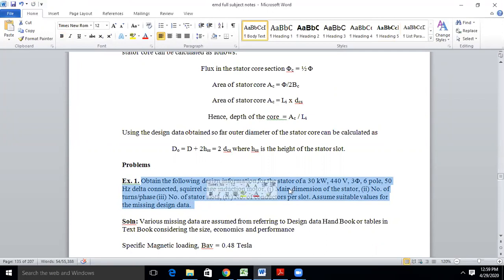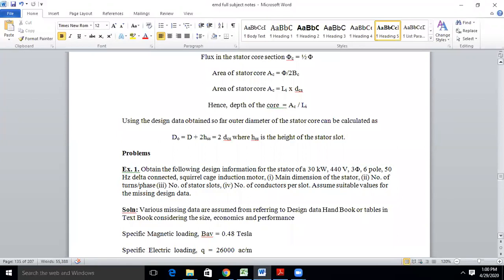The main dimensions of the stator, then number of turns per phase, number of stator slots, number of conductors per slot, and assume suitable values for the missing data. In this case, we need to obtain all this design information, and this is the data given, the specification of that particular motor.